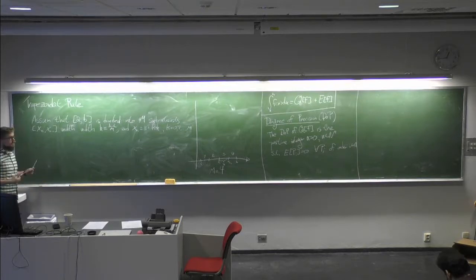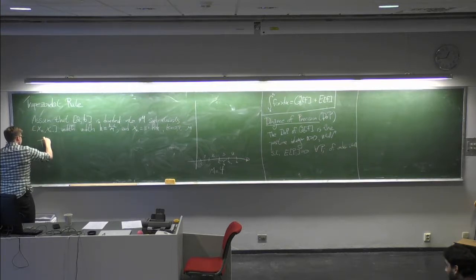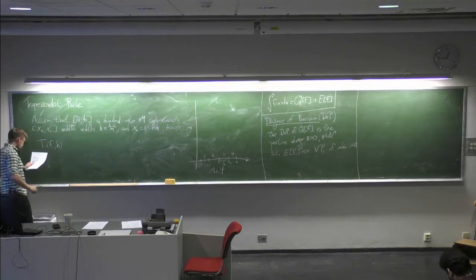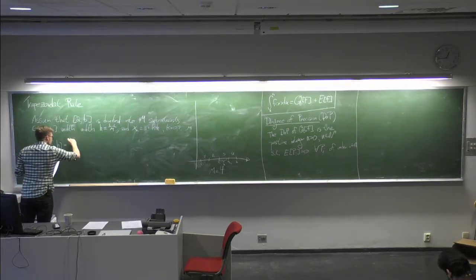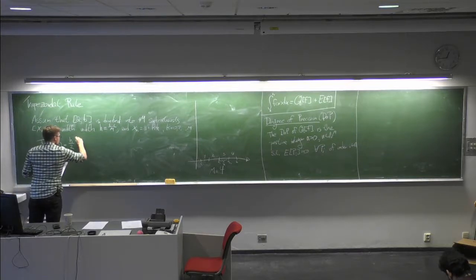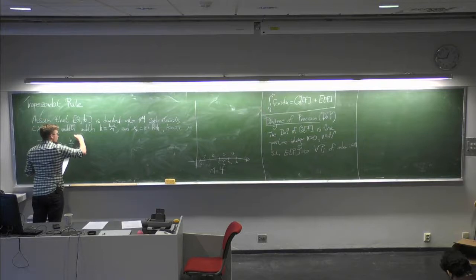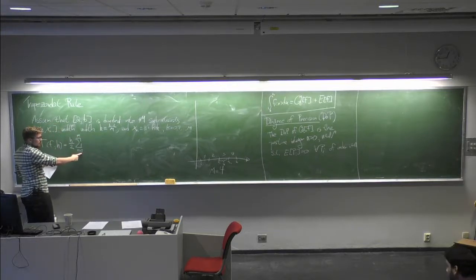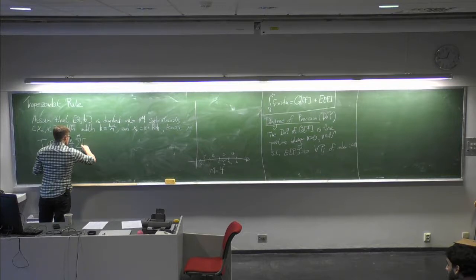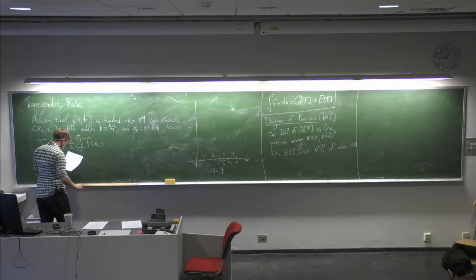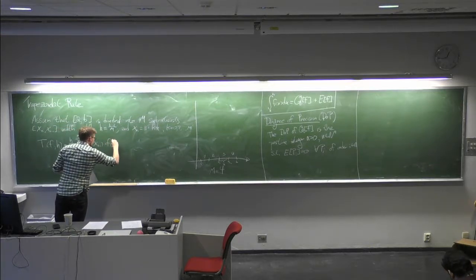Okay, then, given this starting point, the trapezoidal rule is given as T of the function f with h, which is h over 2 times the sum from k equals 1 to m of f of xk minus 1 plus f of xk.